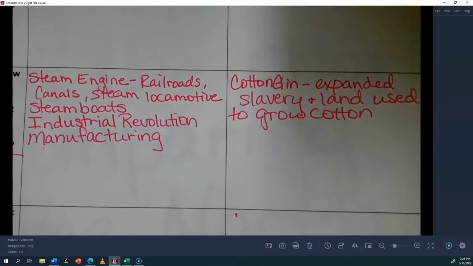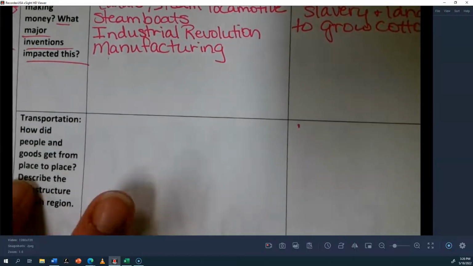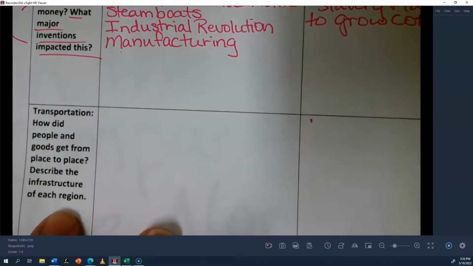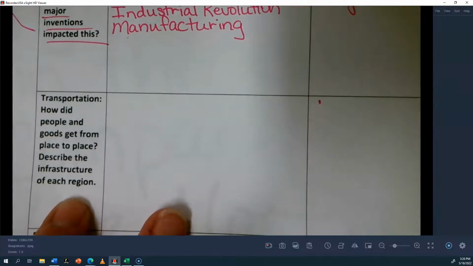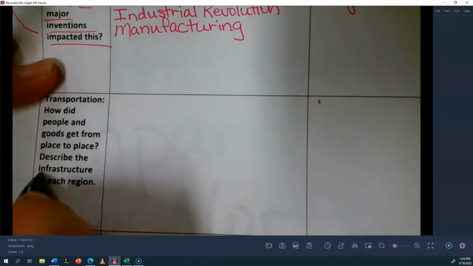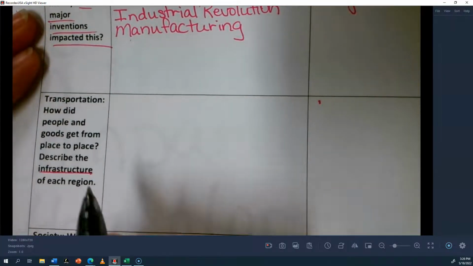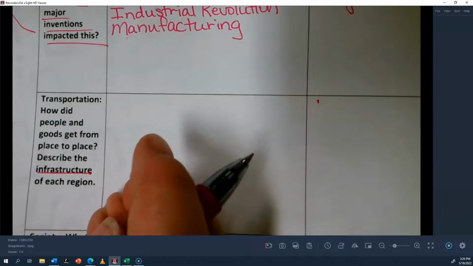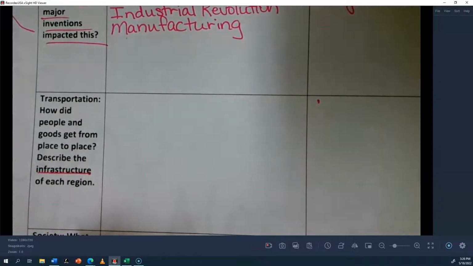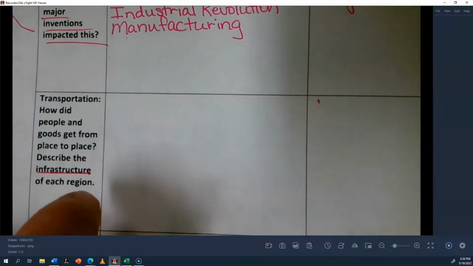Okay. Now, the next part is on transportation. How did people and goods get from place to place? Describe the infrastructure. Infrastructure is like the structure in an area that makes it work.